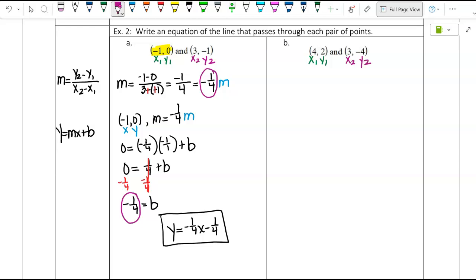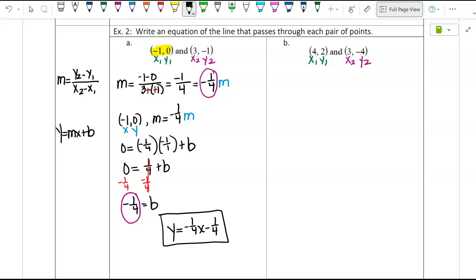I am going to pause for a moment while you figure out the slope, and then I will be calling on someone to share their answer for what the slope of that line is. All right, so Cambria, what did we get for a slope here on problem B? So yes, the slope is 6.